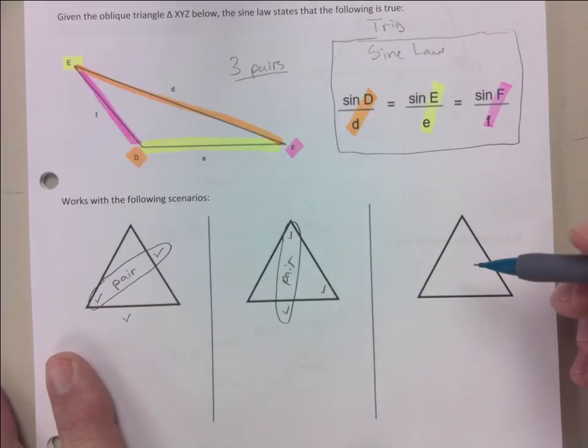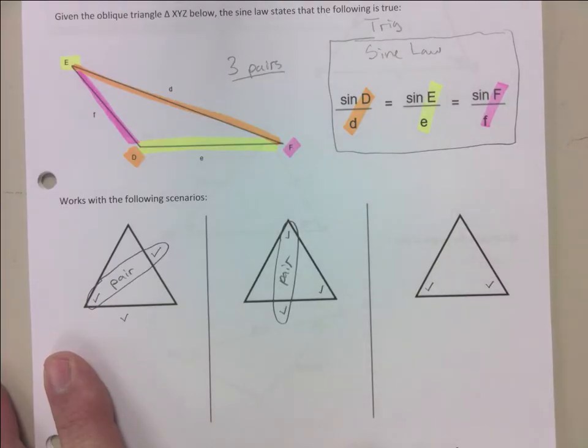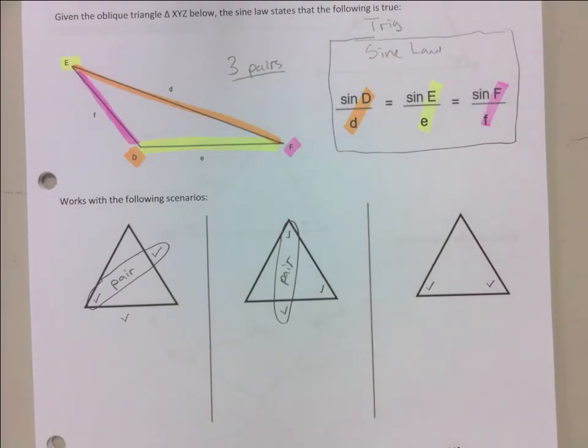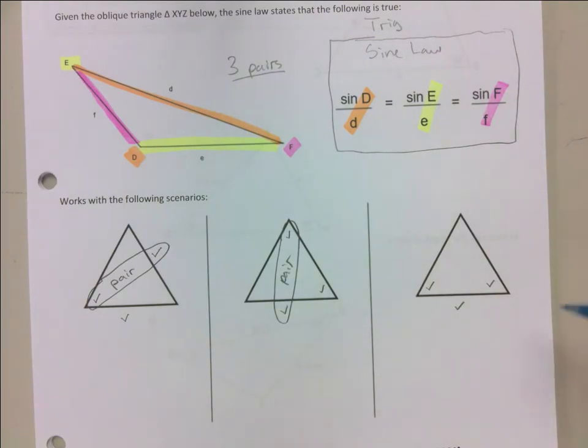And the last case is where, this one is not so obvious. You've got 2 angles, and you've got the side length here. Does this look like you have a pair right now? Can you find a pair? Yes?